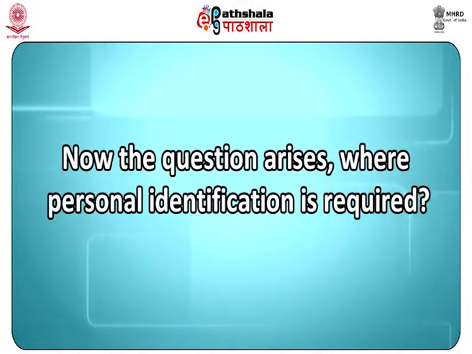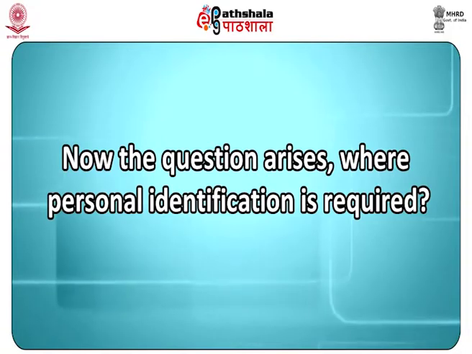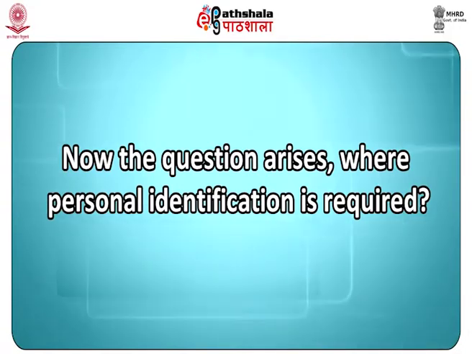When we talk about personal identification, the next question arises: where is personal identification required? So here is the answer. In the dead, identification is required in cases of fire, explosion and different kinds of accidents. It is also required when an unknown dead body is found.